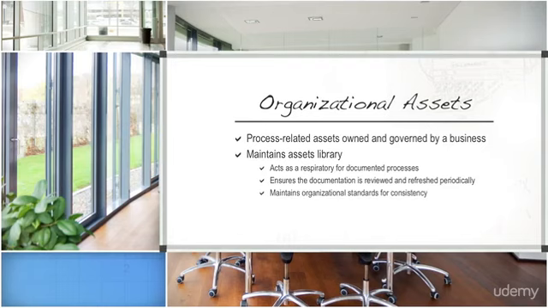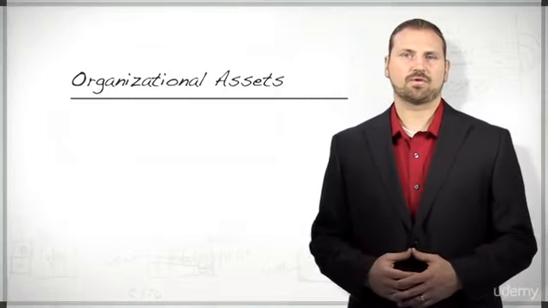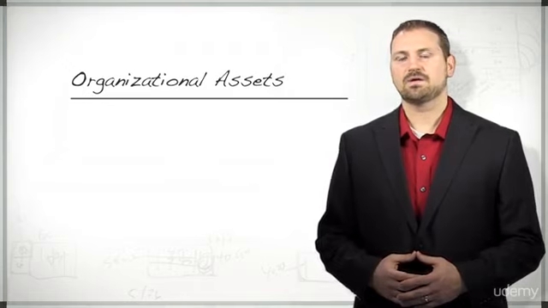The process assets library maintains organizational standards for consistency so that activities performed within the firm are documented using a template, or predefined documentation is used that provides details and creates records that become auditable artifacts. Templates such as those used to drive project activities and historical information, like lessons learned, are also components of organizational process assets. Let's take a look at some examples of organizational process assets.